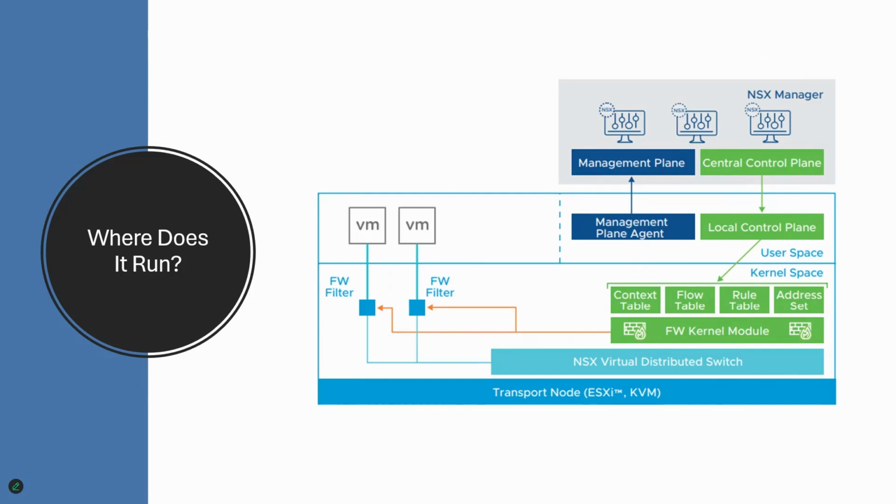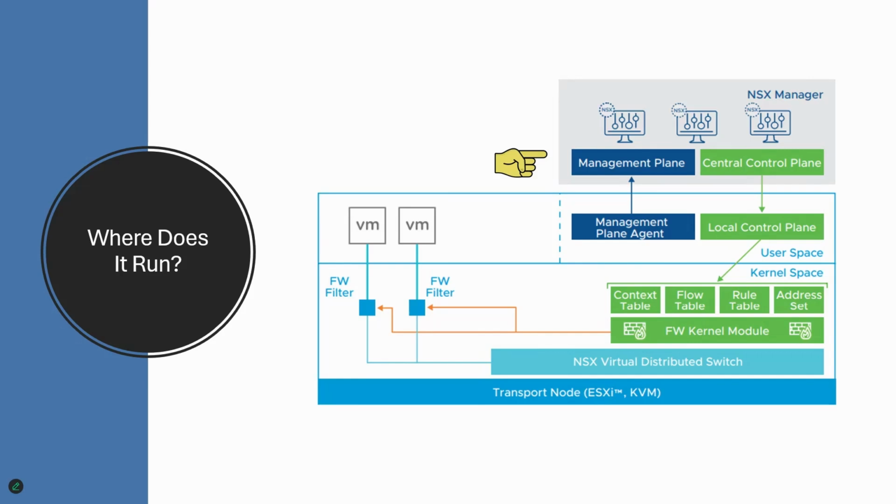At the top you can see NSX manager. NSX manager belongs to the management plane. Its job is configuration. It does not inspect traffic, and it does not enforce firewall rules.